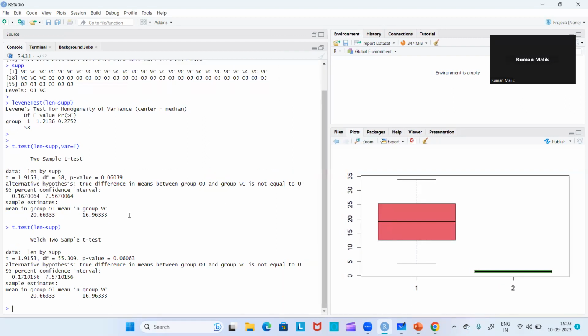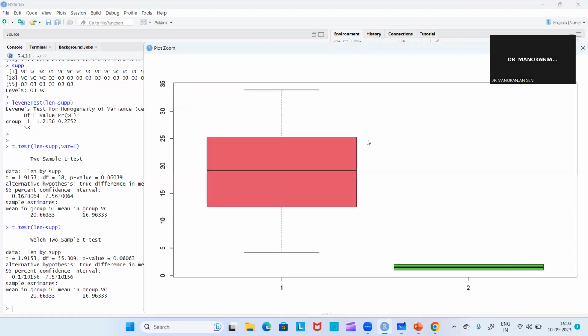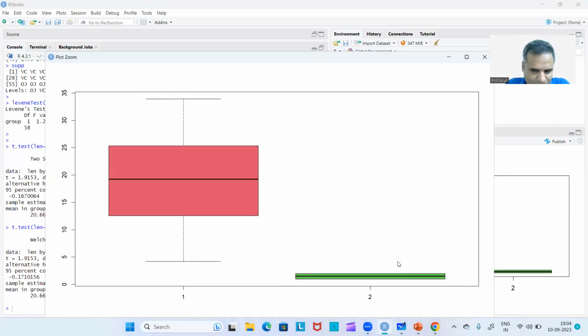Sir, I have a query. Yes. Sir, a box plot is a graphical representation of a data set. So here, how can we know the variances between the two data sets? The variance, meaning the spread of data between the two groups, should be the same.